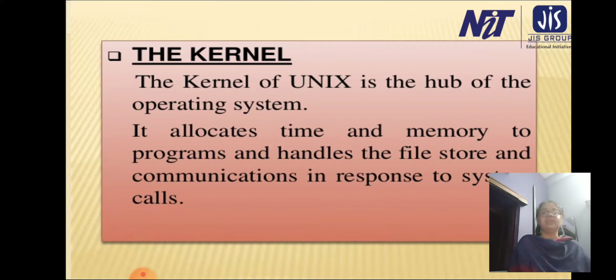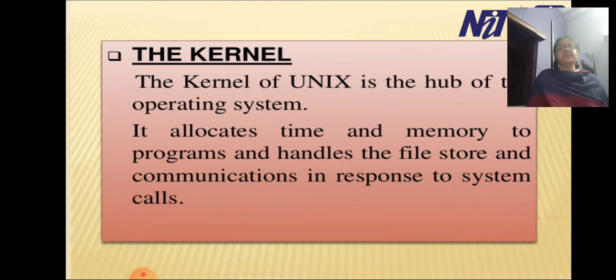These applications interact with the kernel through a system call interface. The kernel allocates time and memory to programs and handles the file store and communication in response to system calls.